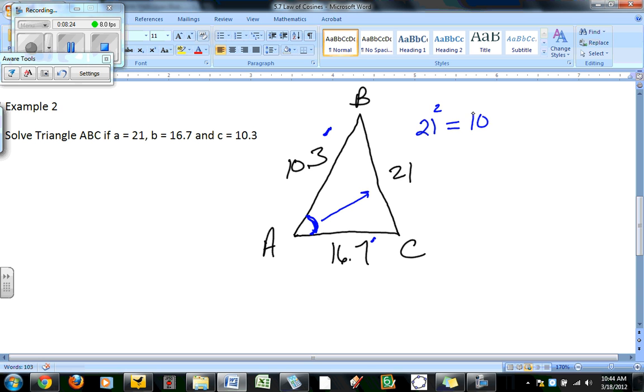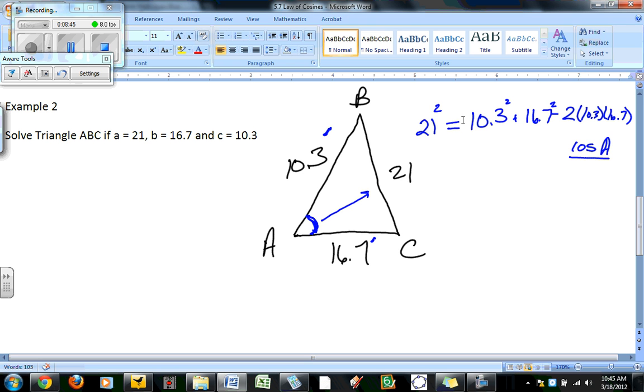So it's going to be 10.3 squared plus 16.7 squared minus 2 times 10.3 times 16.7 times the cosine of A. We're trying to solve for A, and we've been given everything else.